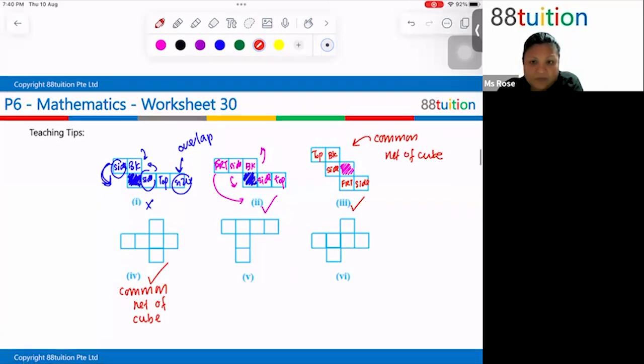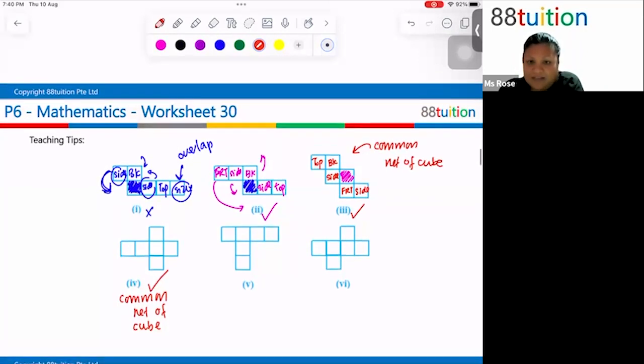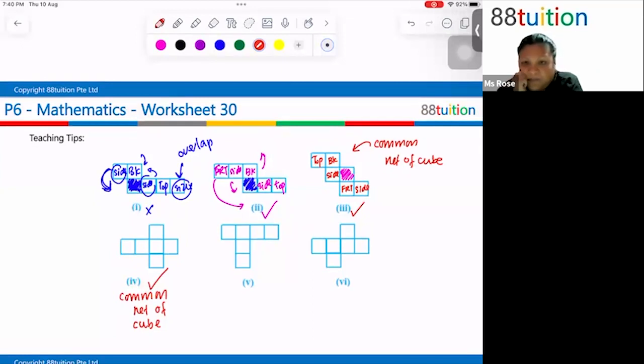But for question 1 in today's worksheet, no, the answer is yes, actually. Okay, I'll show you why. Yes, no, so this is a no. Yeah, because this part will overlap with this. So this is a no, and this is a yes.